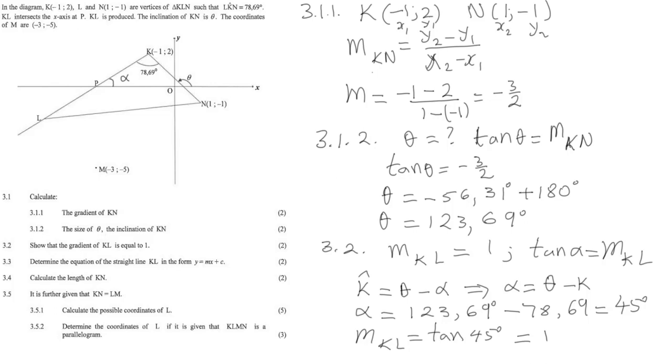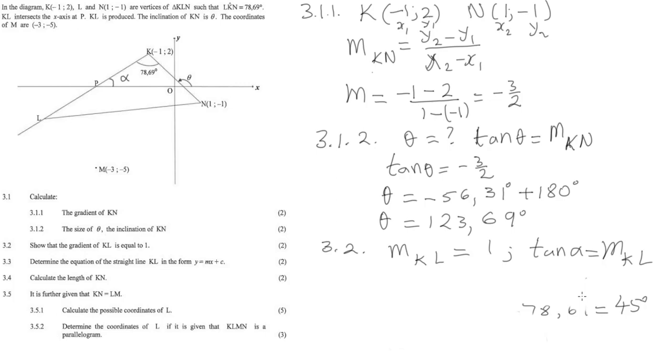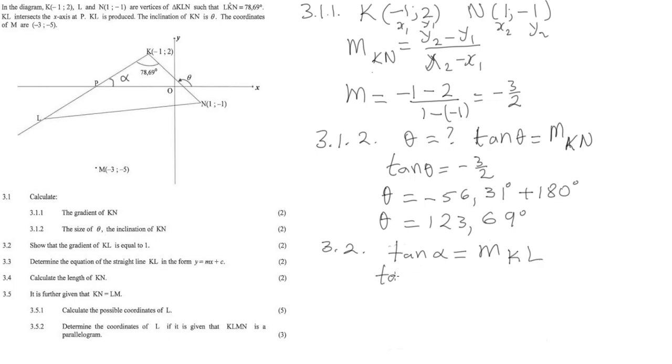You will say, why so many steps? But this is for you. If it was me, from my calculator, I would do this. Let me take it off. I want to show you all these things. I will call this angle alpha. So I will say tangent alpha equals the gradient MKL.